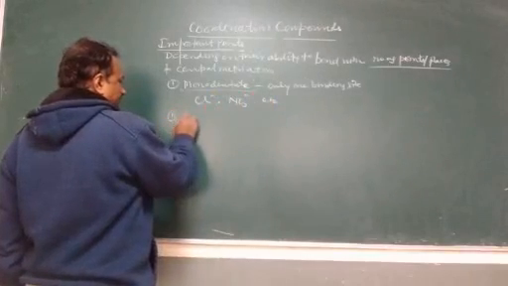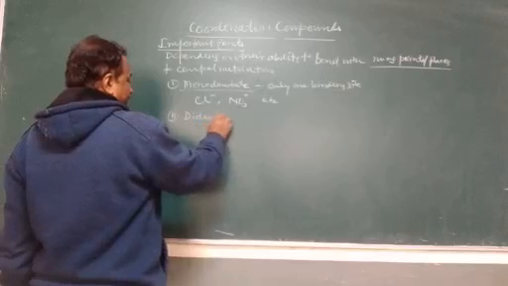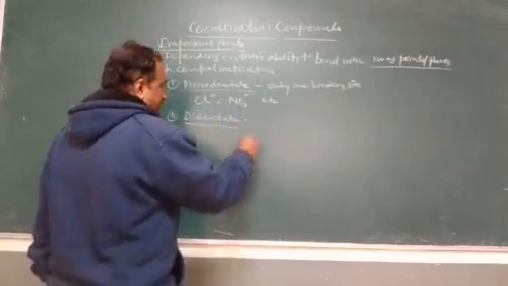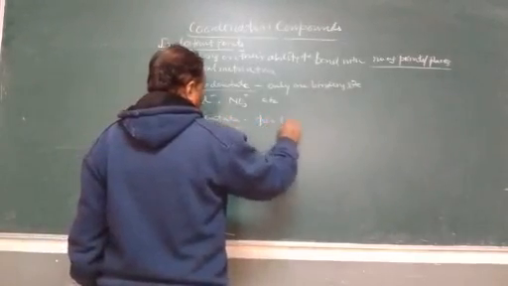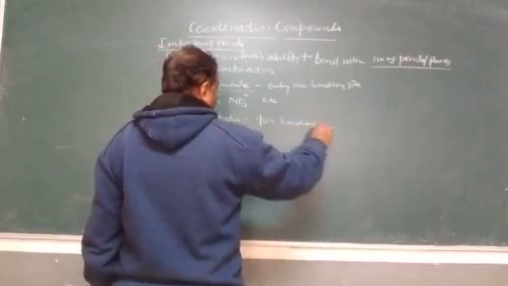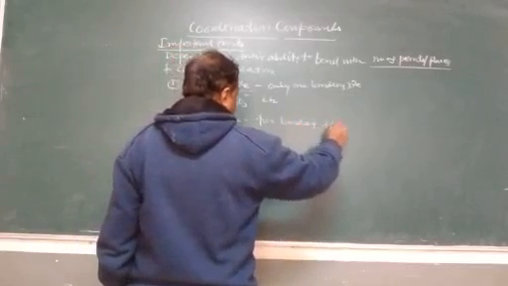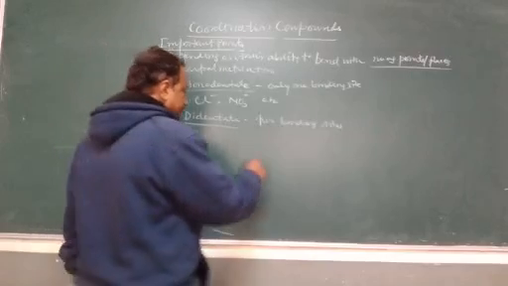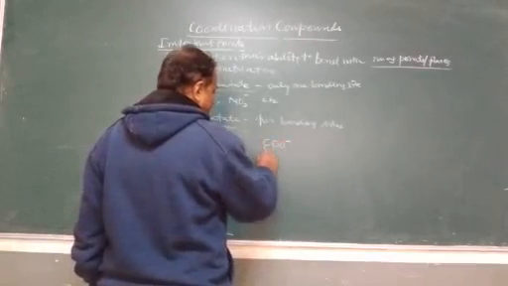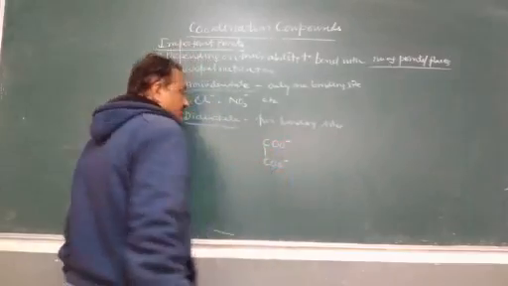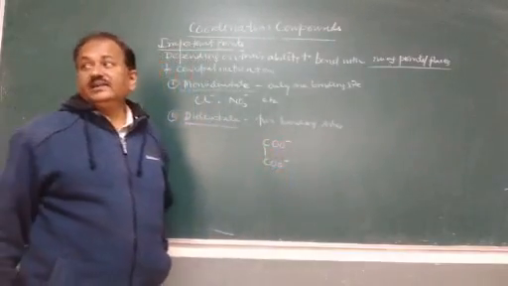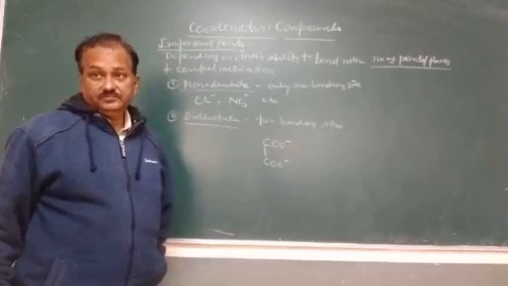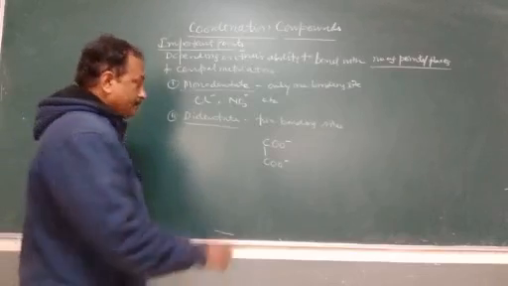Then second, didentate. They have two bonding or binding sites. Like this, this is oxalate, but we call it oxalato.